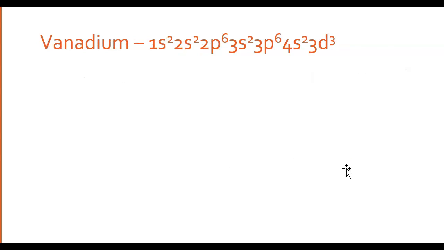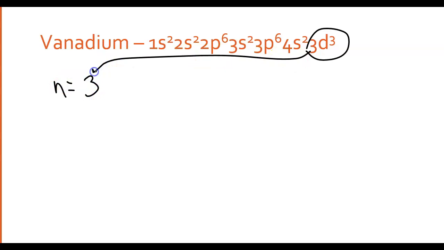Okay, so let's do another one together. So we are looking at 3d3. So our first quantum number is our principal energy level, which is 3. Our second is our angular, which is what's the subshell, so D is going to be 2.